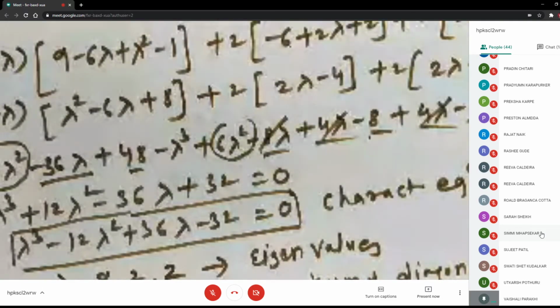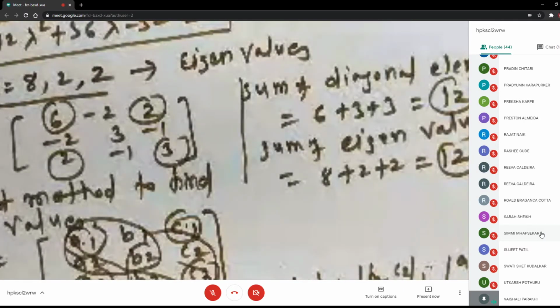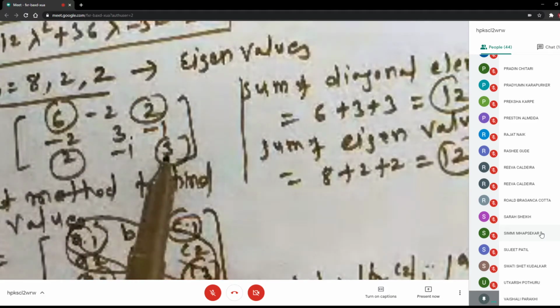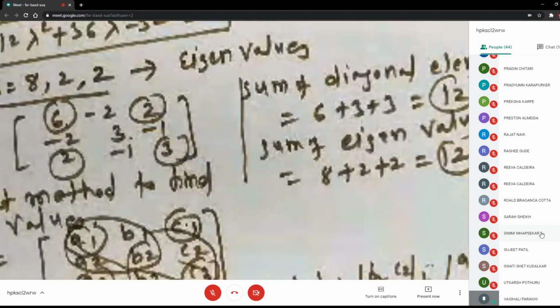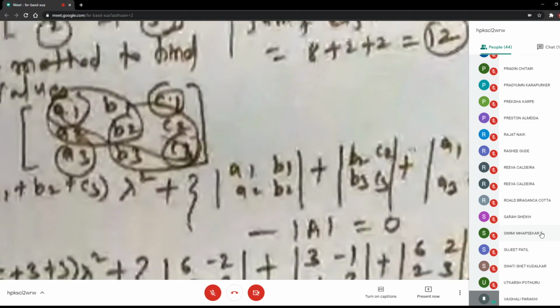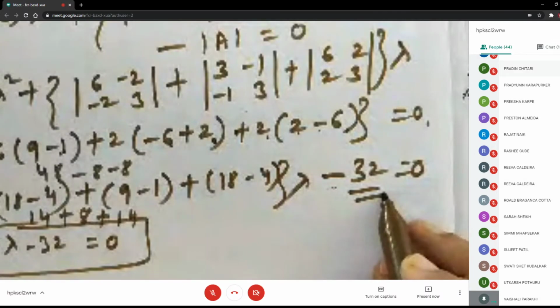In this problem which we have solved, the product of the eigenvalues, 6 into 3, 48. And what is the value of your determinant? 32. So what is the value of your determinant here, students, when you are solving the last part? It is also 32, right?